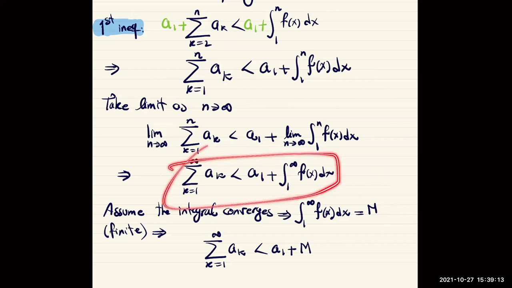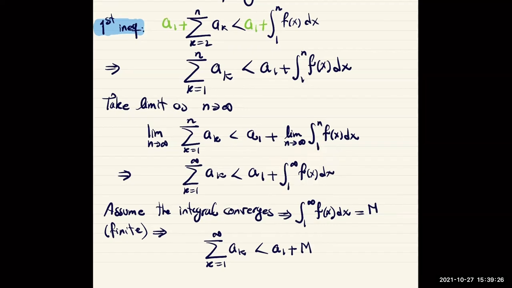So focusing on this, if I assume this integral diverges, then that shows nothing. Because if this diverges, then this is just infinity, and you get your series being less than infinity.